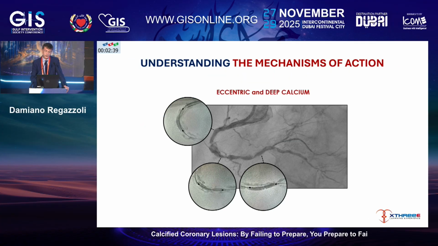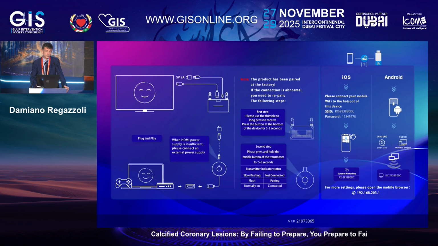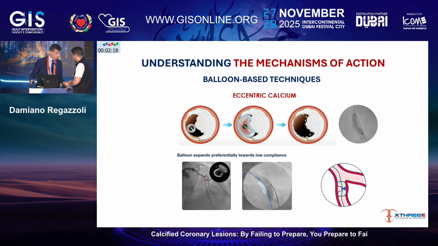Because the thing that you want to avoid, as I show you, is to go on with balloons alone. You go with bigger balloons, pushing with atmospheres, but the worst case scenario, especially in eccentric calcification, is that you increase your balloon size, you increase your pressure, and then you can create dissection.